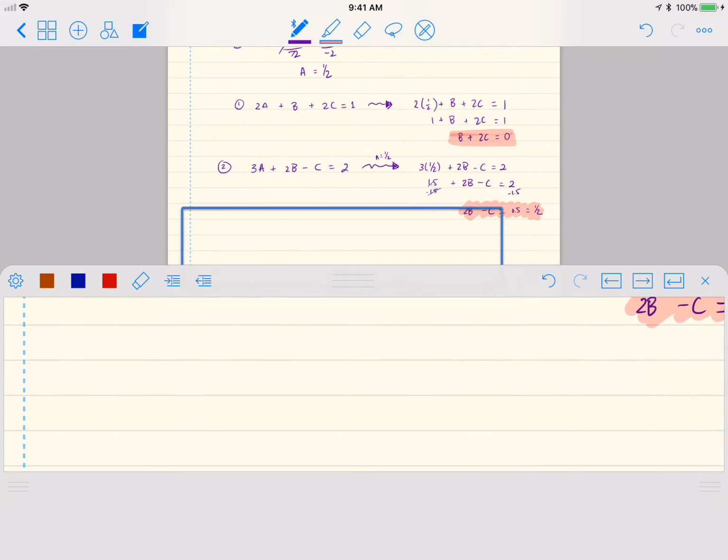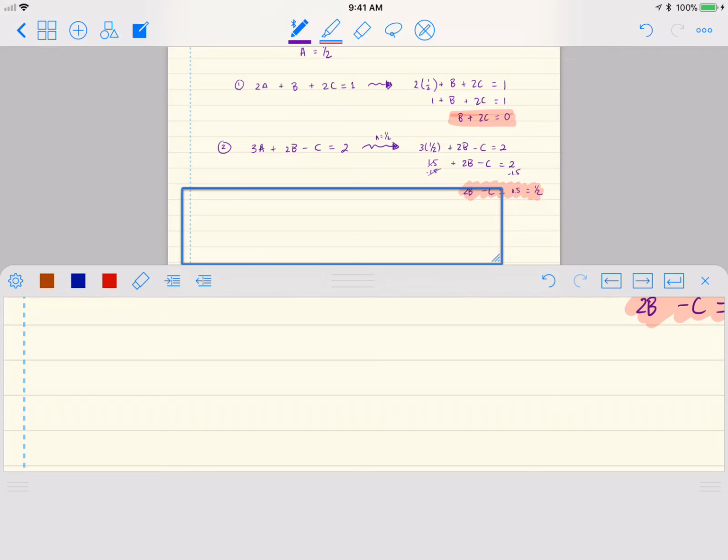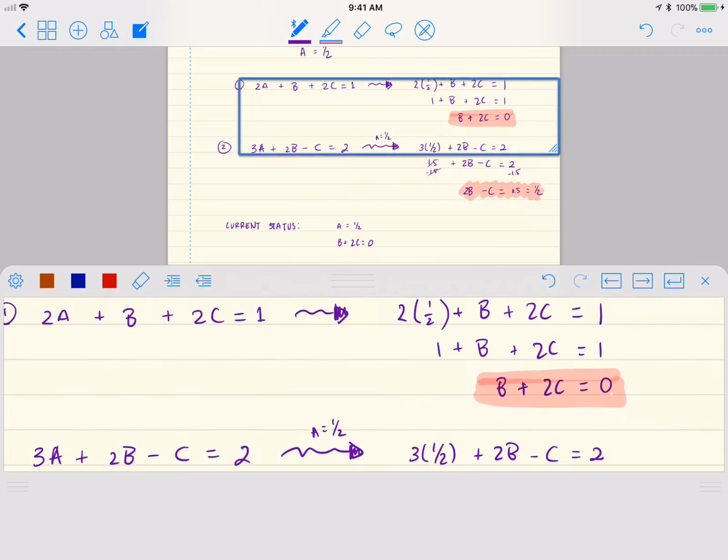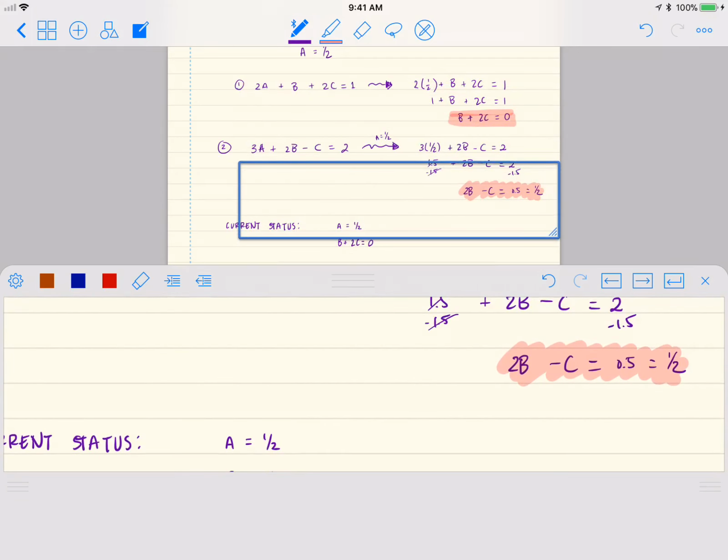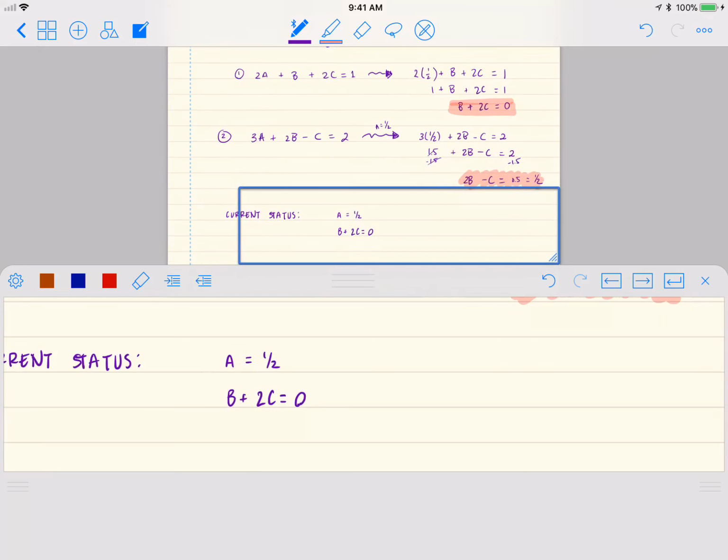So currently, here's what we know. Our current status: we know that A is equal to 1/2, and we know that B plus 2C equals 0, right? That's from over there in pink. And we know that 2B minus C is equal to 1/2.